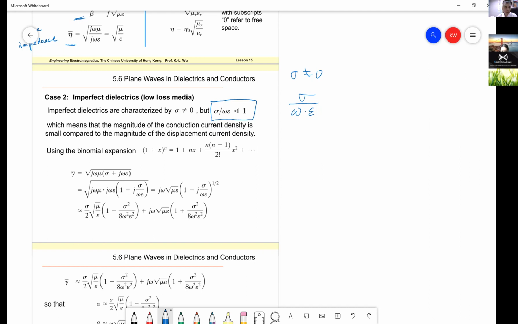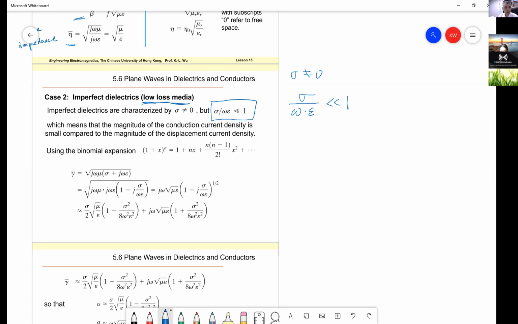When the frequency is very low, maybe this number is large, but when frequency is high for a given conductivity, this number is much smaller than 1 and this becomes very low loss. Under this condition, we call this a low loss medium.